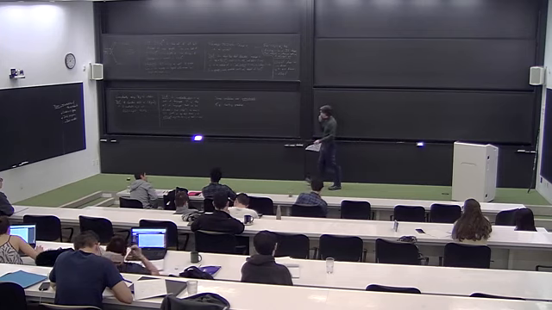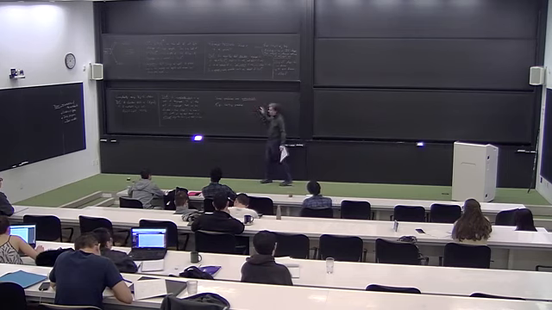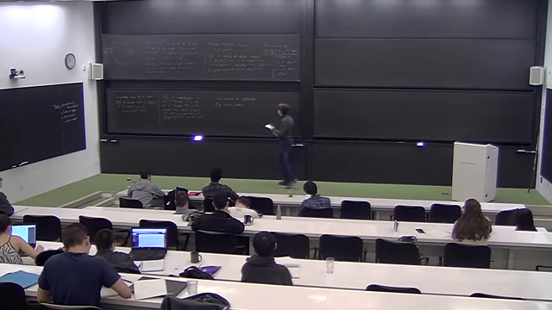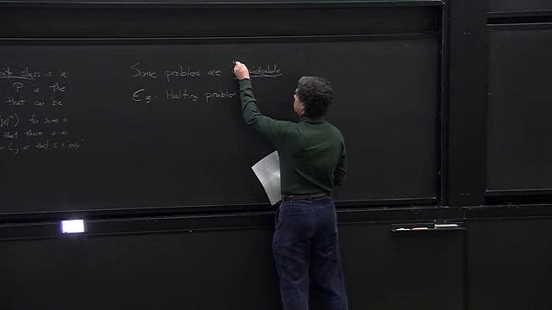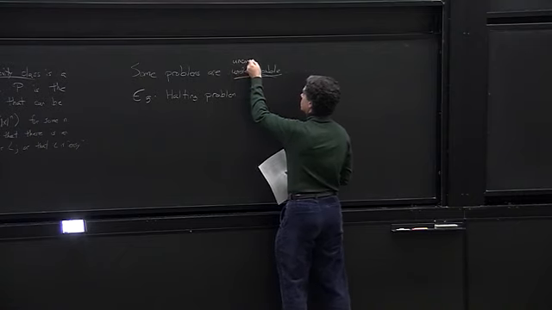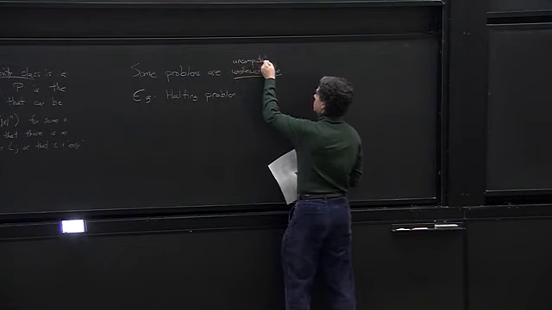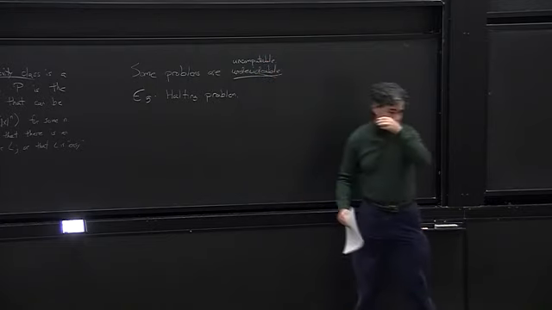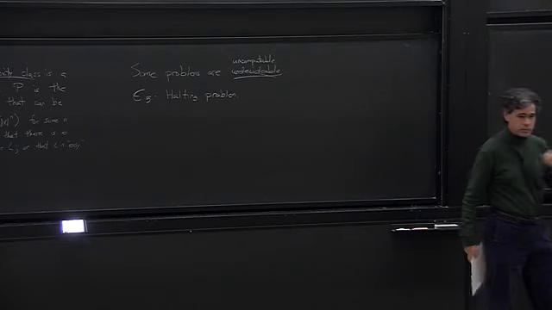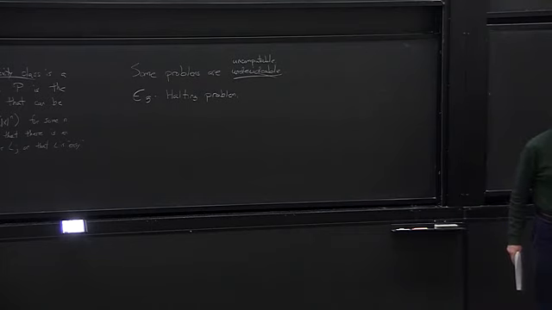OK, so once you're faced with this issue of undecidability and uncomputability, I actually should say they're uncomputable. Undecidable is Gödel's. And they are closely related, Gödel's theorem and uncomputability.